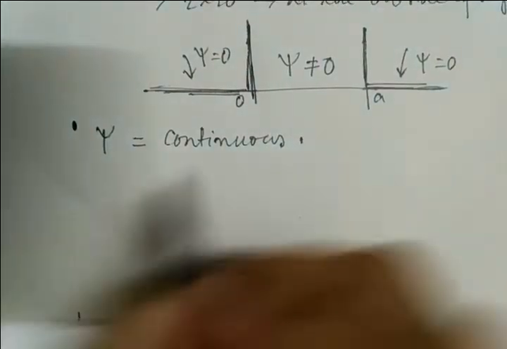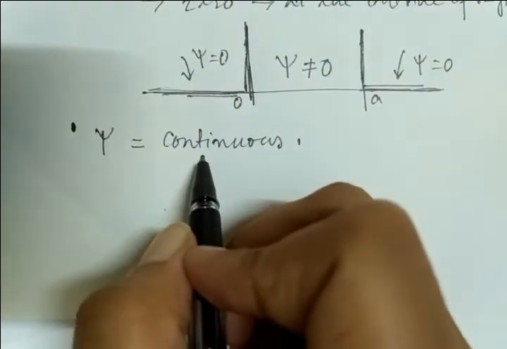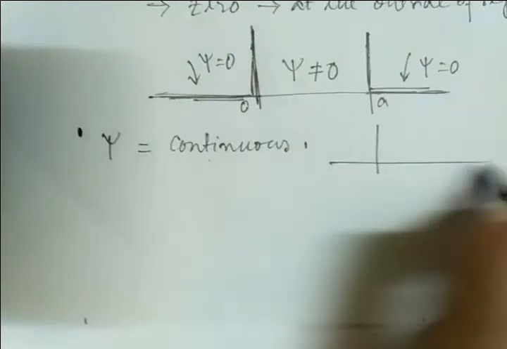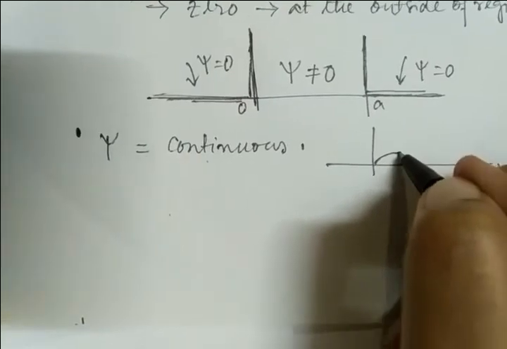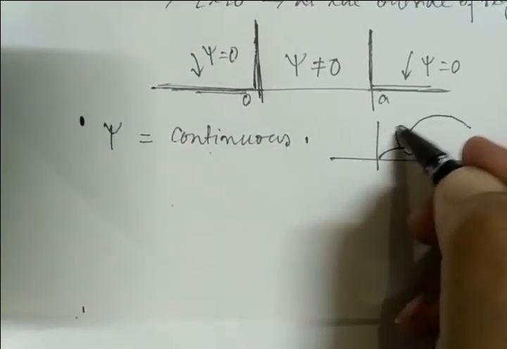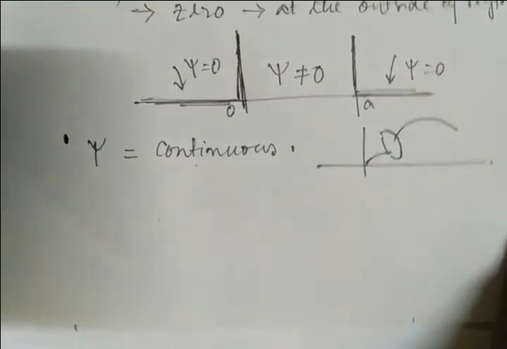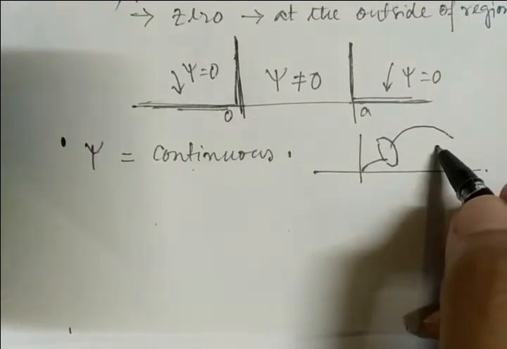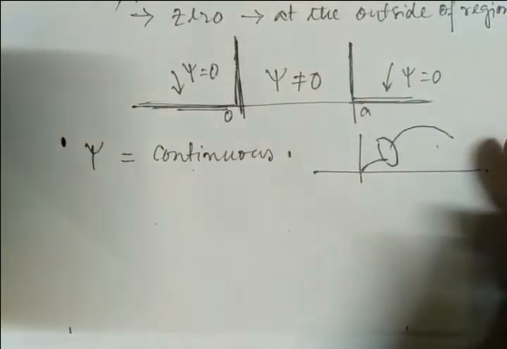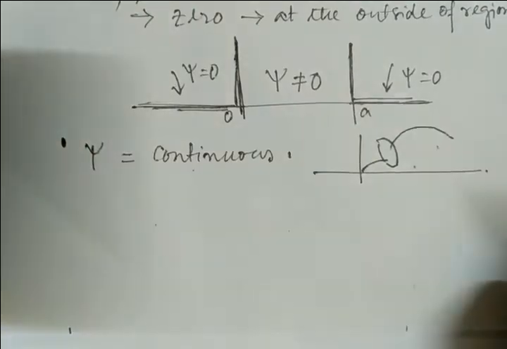Okay, this is the wave function itself, but it should be continuous. If we have a wave function like this, where it is cut or discontinuous, we will not accept this kind of nature, because in this region the momentum, or any parameter, becomes a strange value.